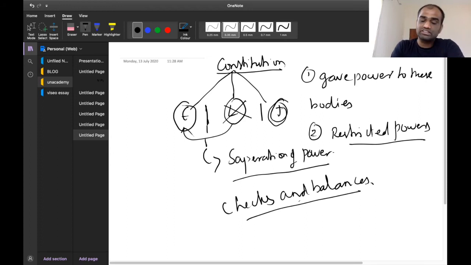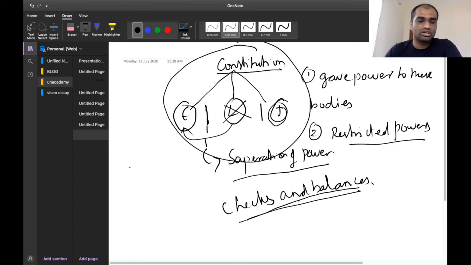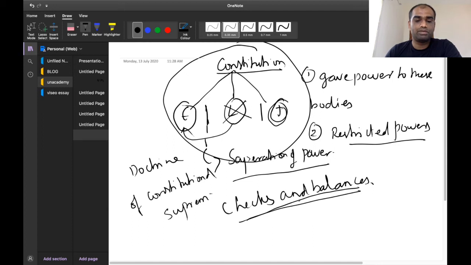By ensuring the separation of power, it ensured the concept of checks and balances. This type of government is called the doctrine of constitutional supremacy.